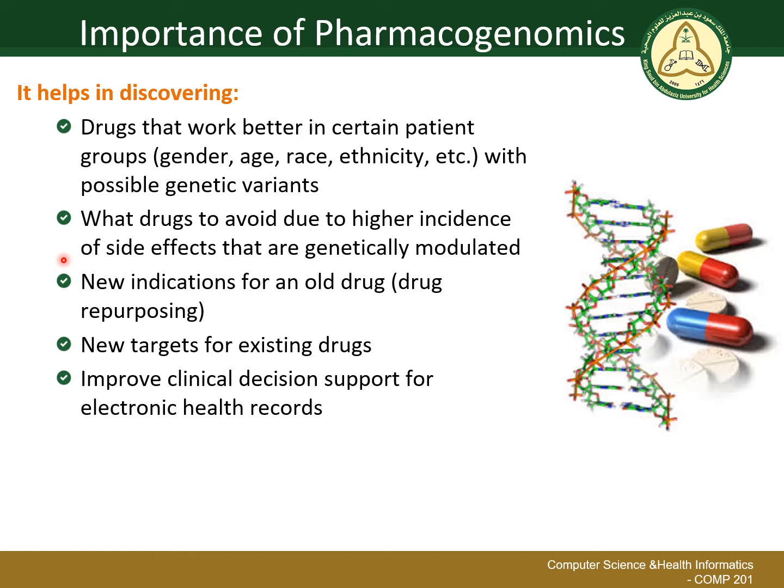For example, the doctor will be able to analyze the patient's genetic profile, and then they can prescribe the best available drug therapy from the beginning. They don't need to try or guess what the right drug is. They can refer to the genetic profile of the patient, and according to it, they can choose the best available drug, which can speed the recovery and lower the side effects of the medications.